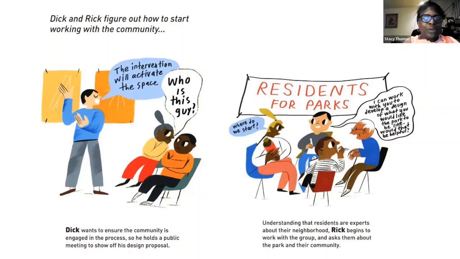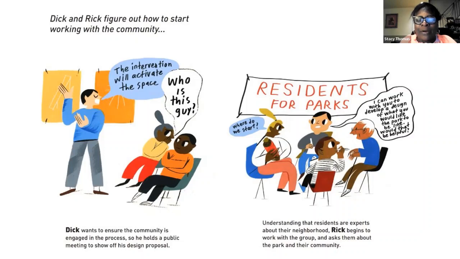Dick wants to ensure the community is engaged in the process, so he holds a public meeting to show off his design proposal. I can work with you to develop a design of what you would like the park to be like. Would that be helpful? Yes. Where do we start?